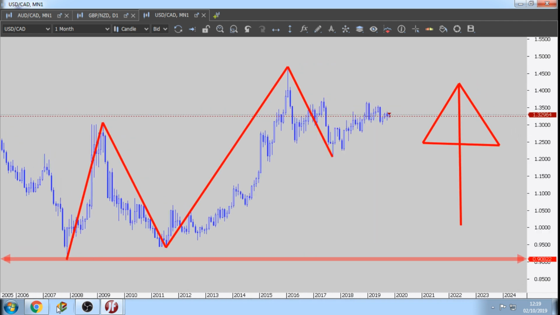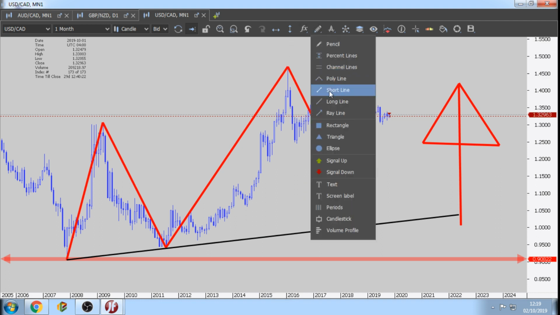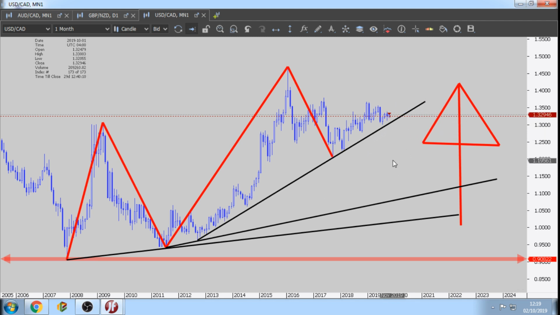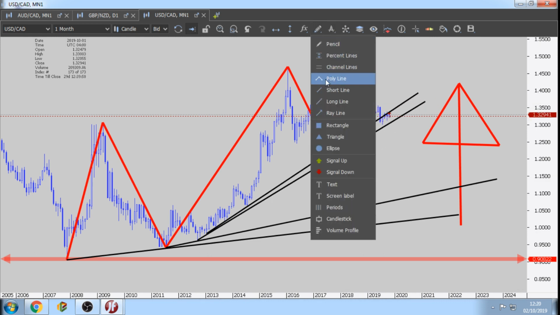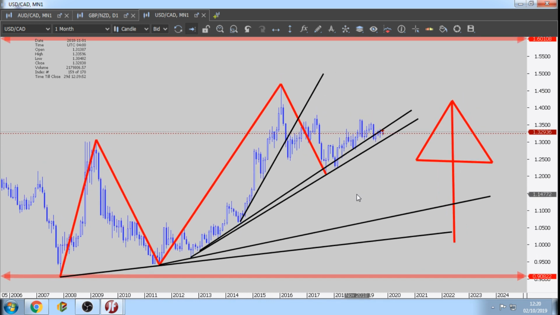You can draw if you want an uptrend line, and you can draw another medium term uptrend line, and another short term uptrend line. Okay, and you can draw another, the aggressive one. Two more, one is here if you want, and the other one is up in here. Okay, those are the trend lines. It looks like gold chart.